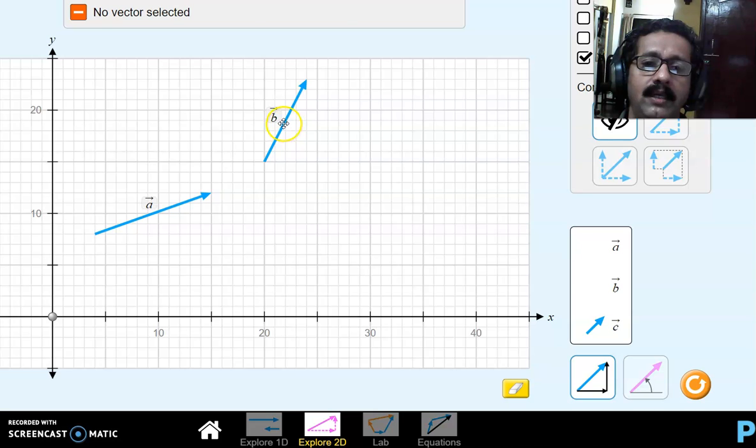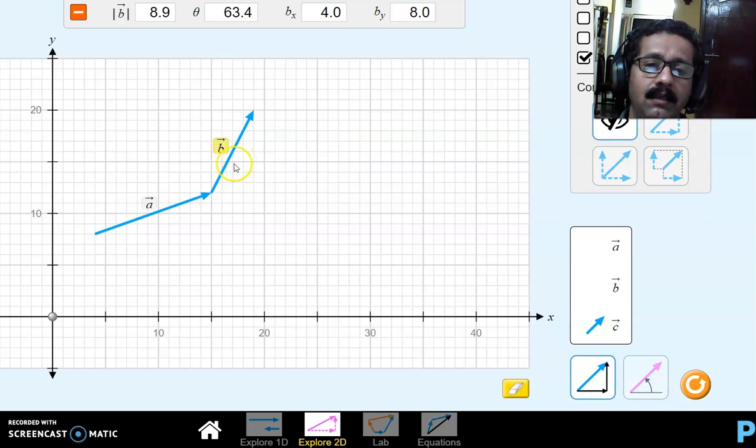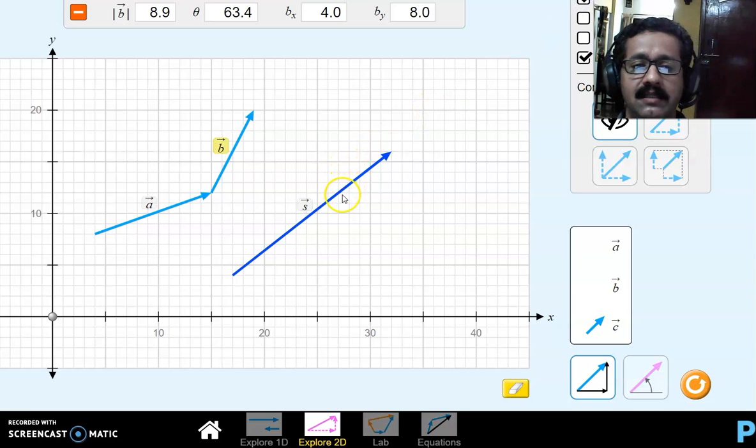According to the law, wherever a ends, you take b from there. So the sum is the vector starting from the first point of a to the last end point of b, which represents your vector c, the addition of them. This is my sum vector, and it is supposed to match from the first point to the last point, and it is matching.